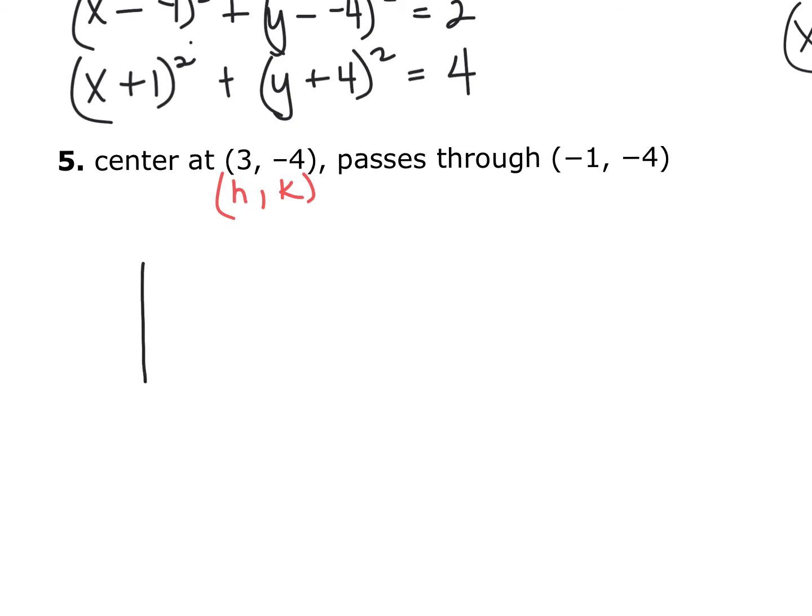If I sketch a little graph right here, I see that I'm at (3, −4), and that's my center, and the point is at (−1, −4), then I know that this is my radius, and since it's horizontal, I can literally count that it is 4 units apart, and so that's my radius.